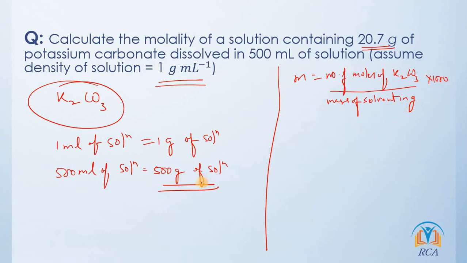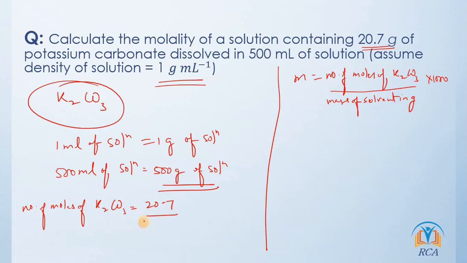So this is what we require. First of all, we'll require the number of moles of K2CO3. How can we calculate that? It's going to be the given mass. What is the given mass of K2CO3? It is 20.7 grams. So we're going to have 20.7 divided by the molecular mass of potassium carbonate.